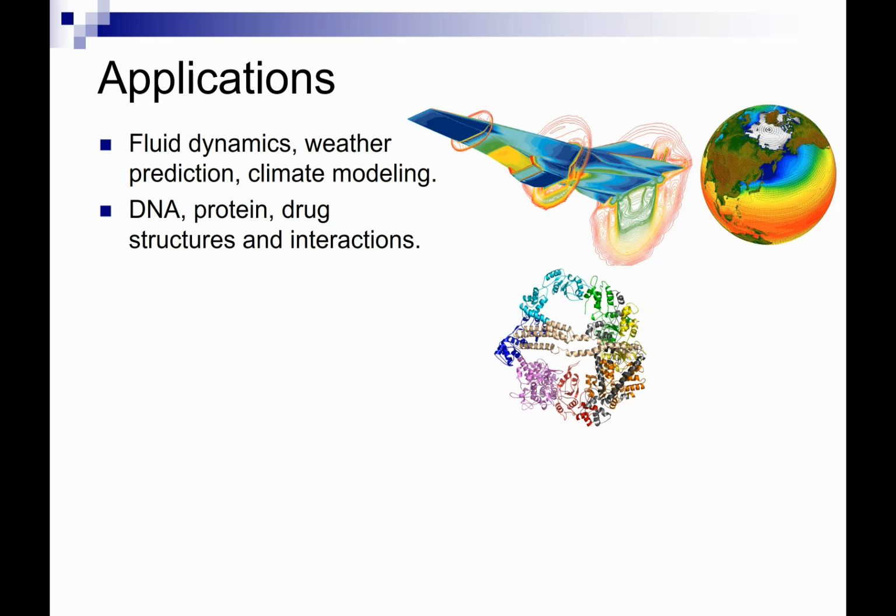To do that, we can run a very large-scale simulation to predict how the protein will change or fold into certain shapes. We can also look at how drugs, which are also biological molecules, will interact with proteins and other parts of the body.